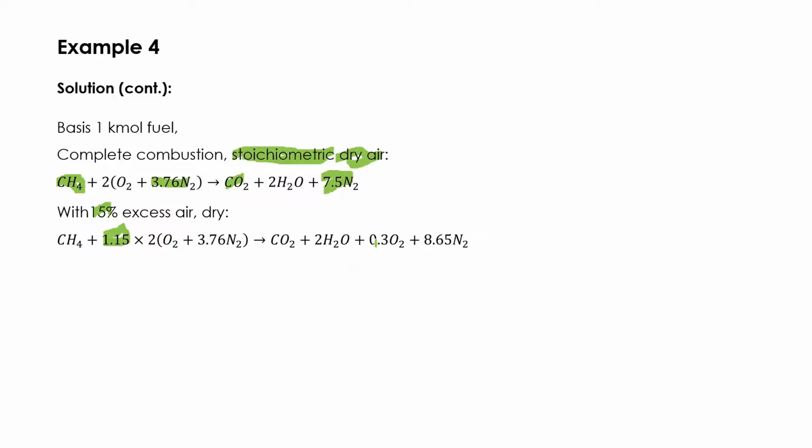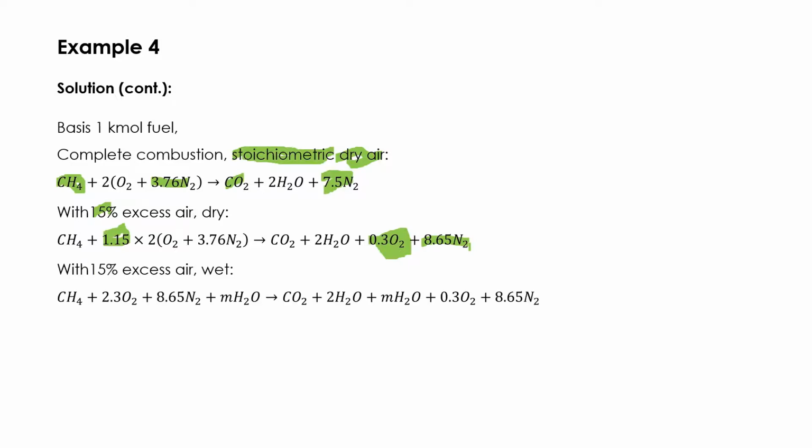Now we also have oxygen in the stack gas. This is from the excess oxygen that you feed together with the fuel. And also now we have more nitrogen. Remember, it's not just excess, it's also wet.